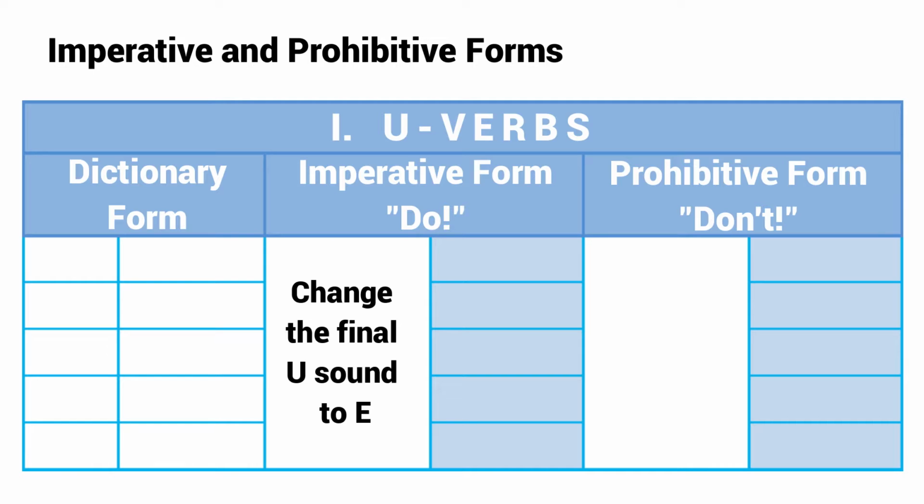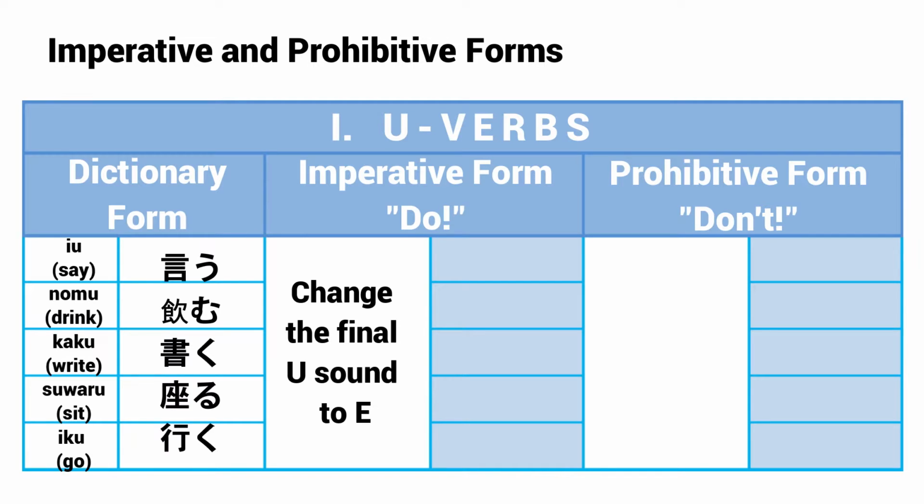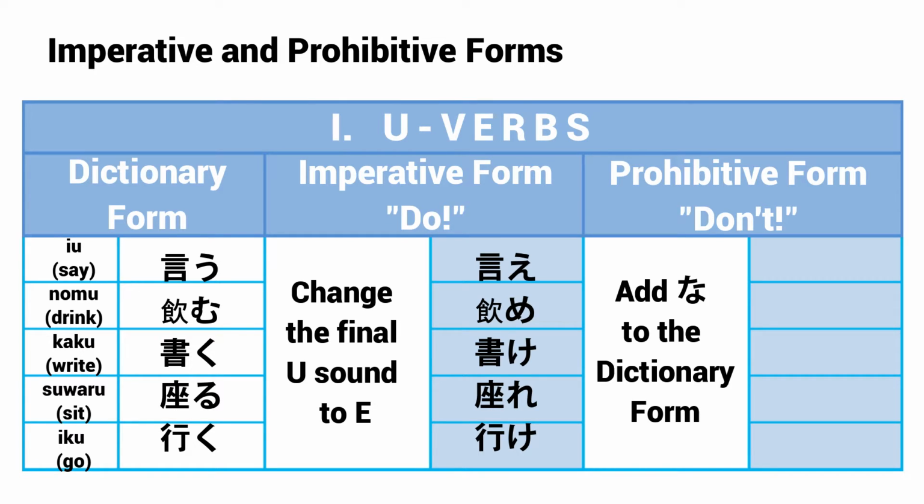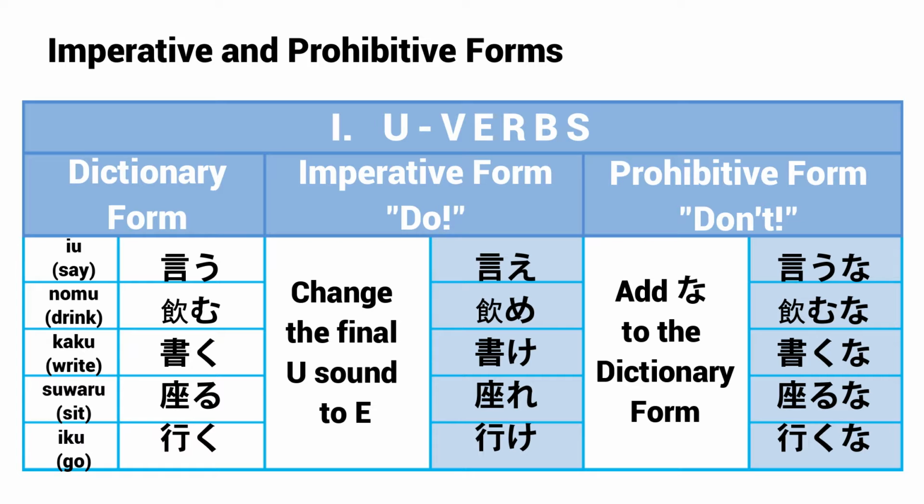For example, iu becomes ie. To get the prohibitive form, simply add na to the dictionary form. This rule basically applies to all types of verbs. For example, iu becomes iuna.